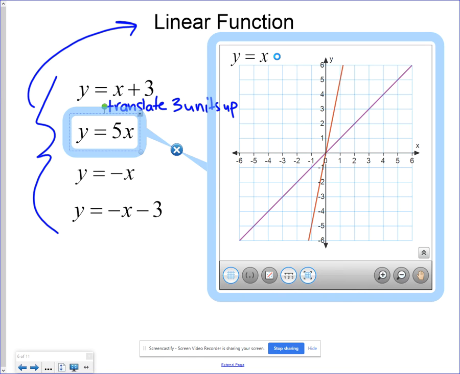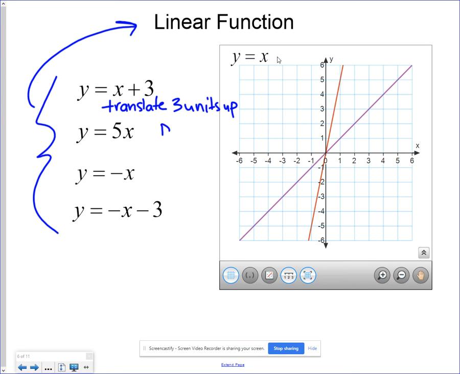It stretched it out. The transformation being done is a dilation. When you go to the eye doctor and they drop things in your eyes, it makes your pupil larger. So this is a dilation. It made my line steeper.